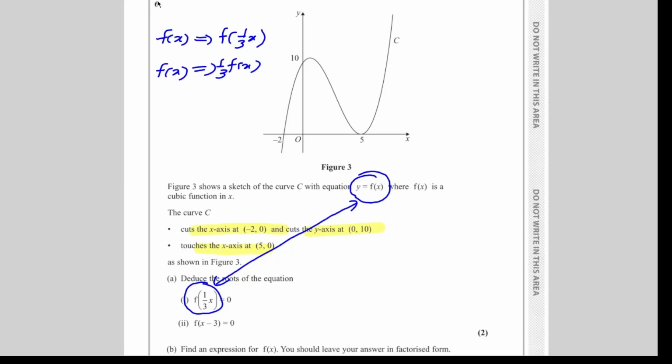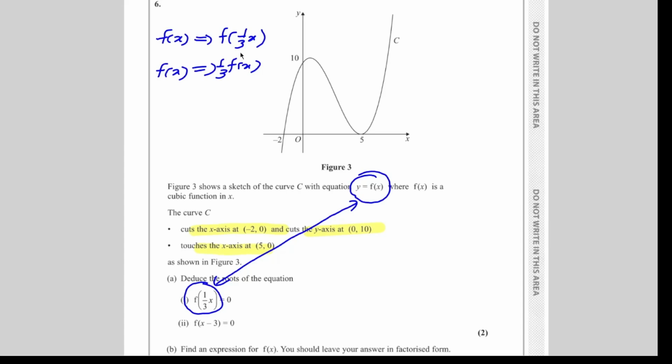Now in this case, inside the brackets, the x coordinate is divided by 3, right? So the x coordinate gets changed. If the x coordinate gets changed by anything, you have to apply that change in the opposite way.